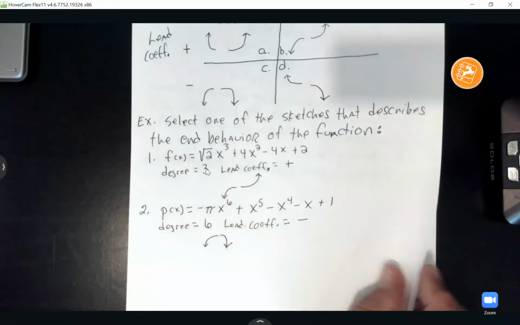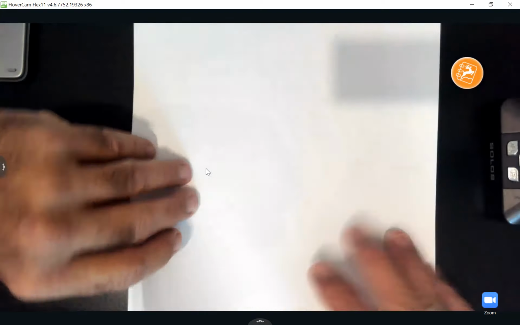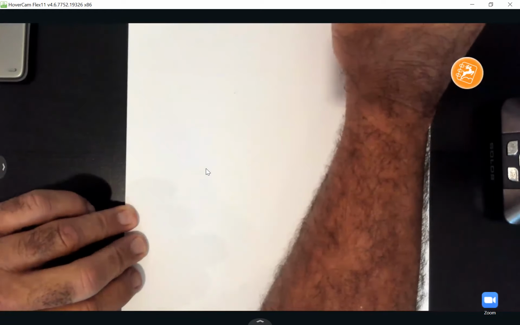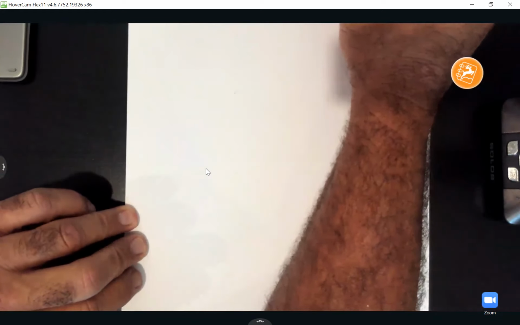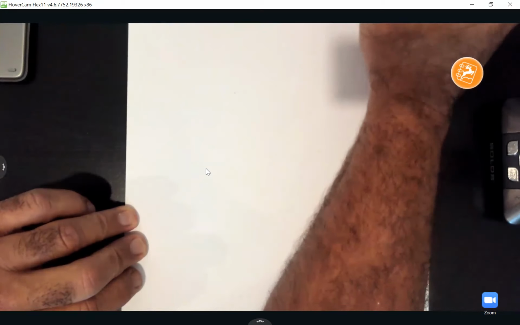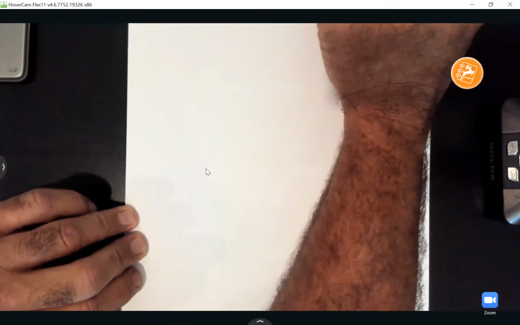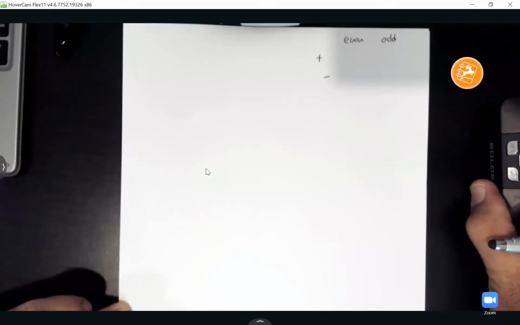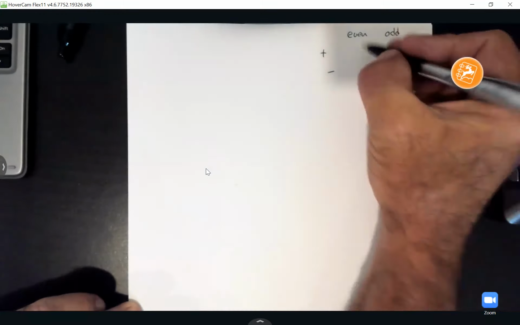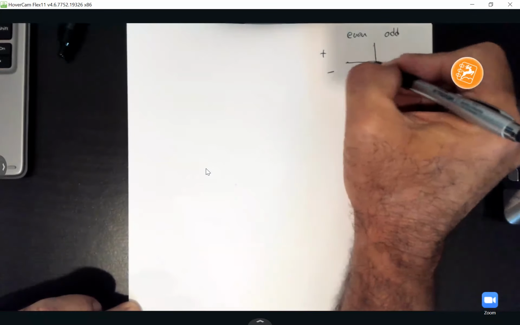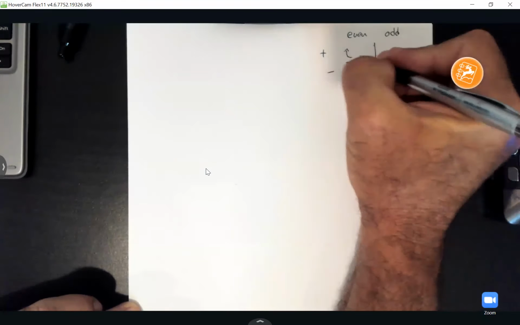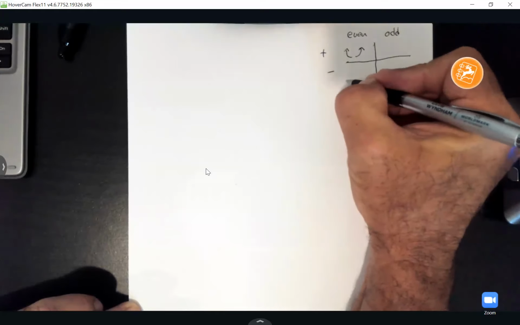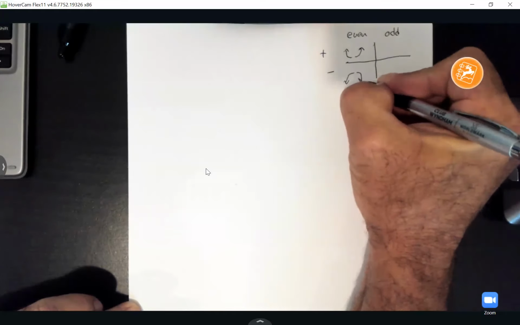All righty, y'all. So let's play with some more of these. All right, so I'm gonna make my little chart real quick. So we had even and odd, and then positive and negative. So remember, even and positive both went up, even and negative both went down.